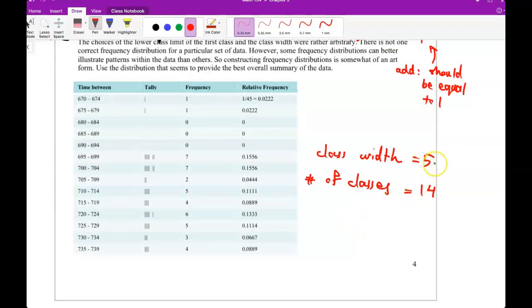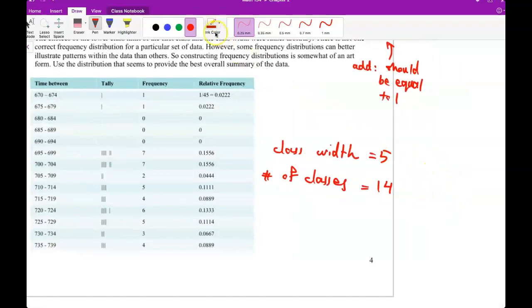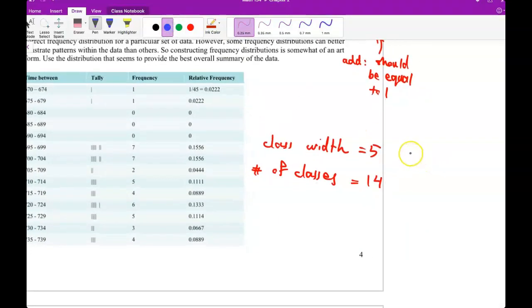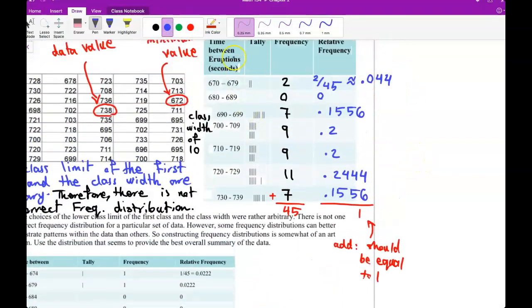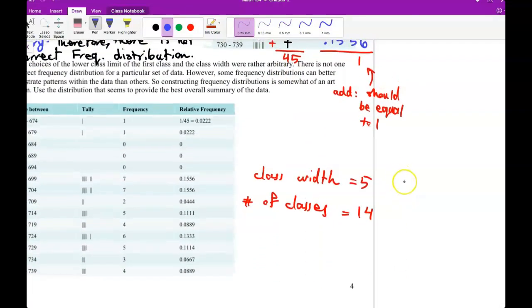So you can say that we have a formula for this part. When you're dividing class width by a number, you're going to use exactly that number multiplying by the number of classes to get the number that you have here. So what is that? From this part, class width was 10.